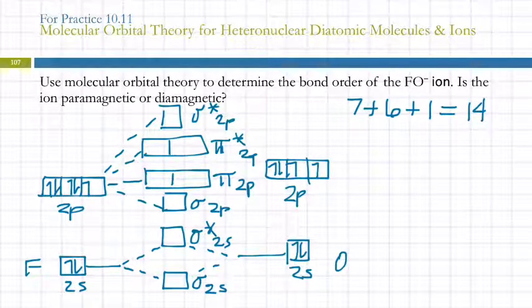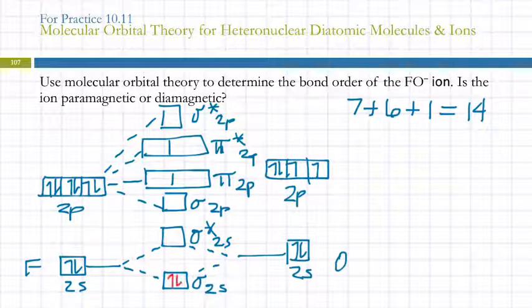We need to put one more in. It doesn't matter which one we give it to. I think I'm going to give it to the nitrogen. There's no nitrogen. That would be fun. I'm going to give it to the fluorine because fluorine's more electronegative and electrons really like fluorine. It doesn't matter. What matters is I'm going to fill this in with 14 electrons.